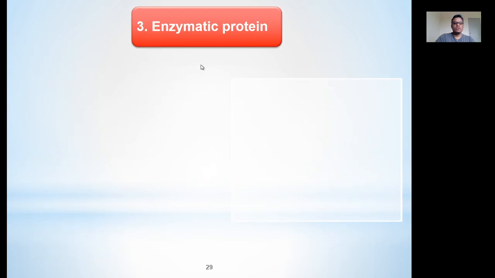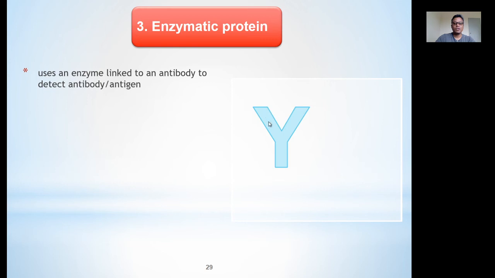Okay, now we go to the use of enzyme as a label. It uses an enzyme that is attached to an antibody, and this can be used to detect antibody or antigen, the same for all the immunoassays or serology tests. The antibody attached with enzyme is now known as enzyme-conjugated antibody or enzyme-labeled antibody.